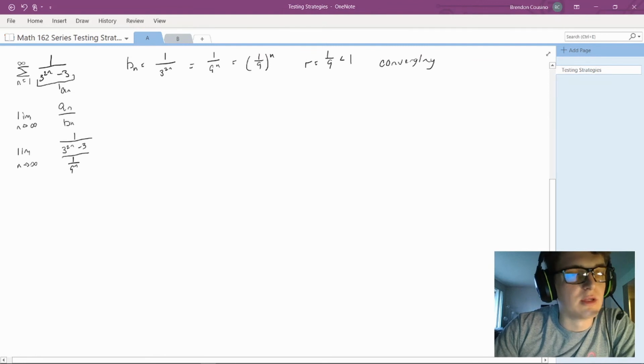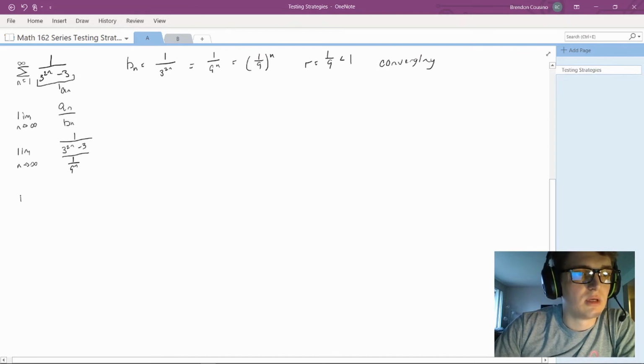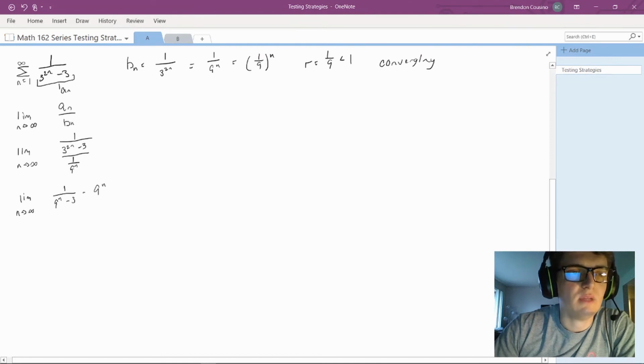We're going to do keep, switch, flip: keep the numerator, switch the sign from division to multiplication, and multiply by the reciprocal. So that's the limit of 1 over 9 to the n minus 3, multiplied by 9 to the n.